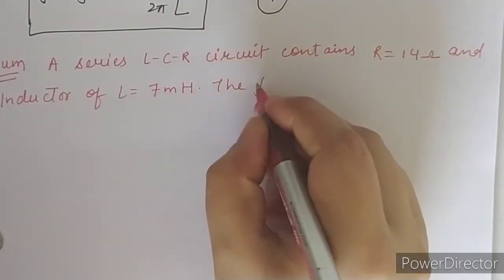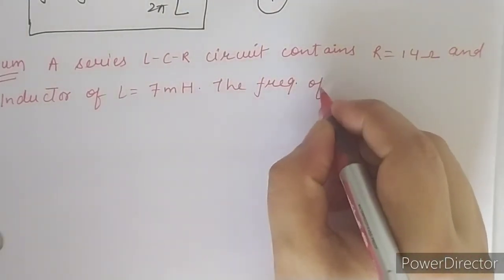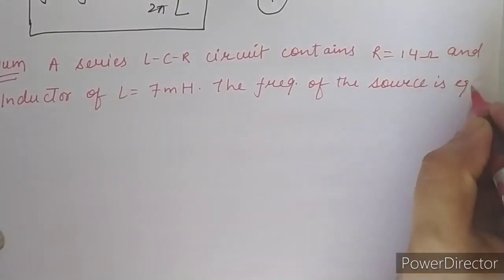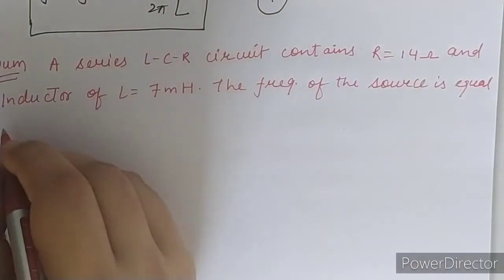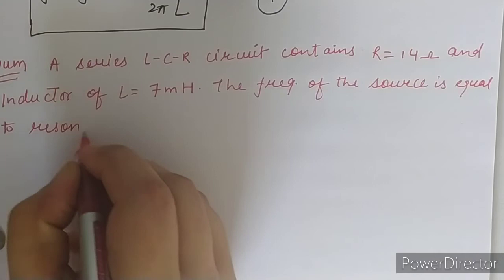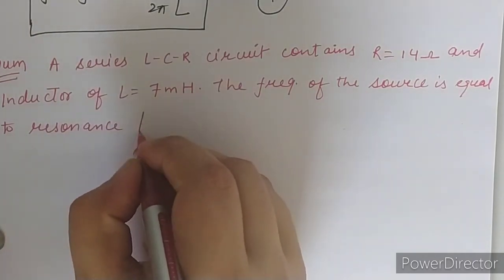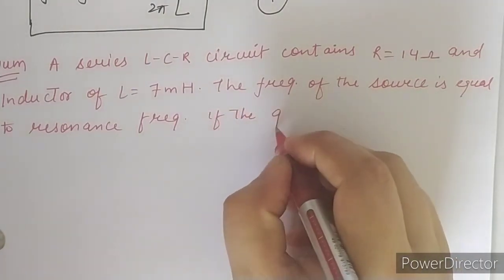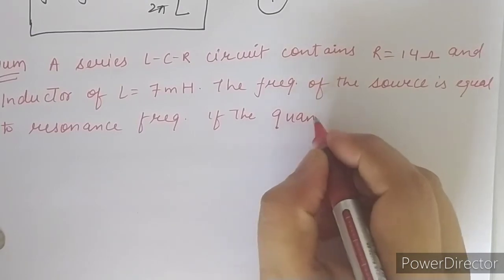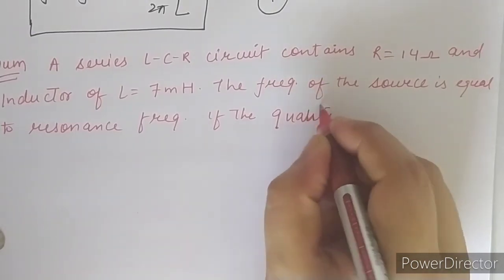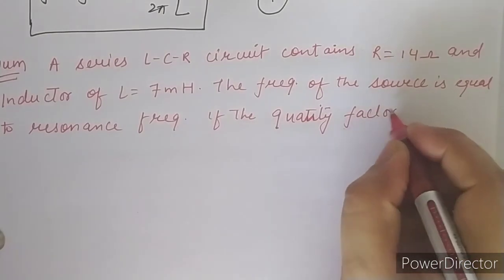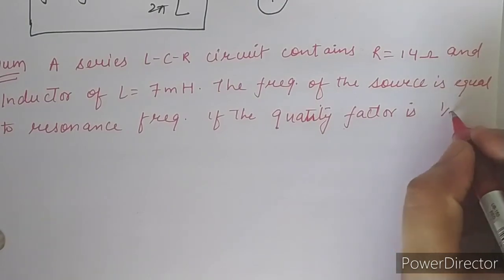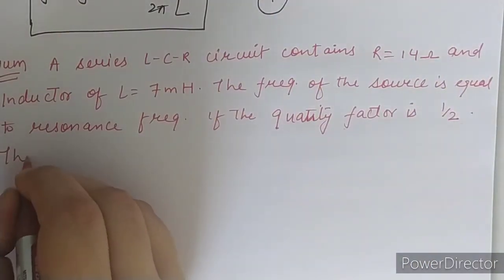The frequency of the source is equal to the resonance frequency. If the quality factor is half, this is the question of quality factor, then find, first, the bandwidth, and second, the capacitive reactance.